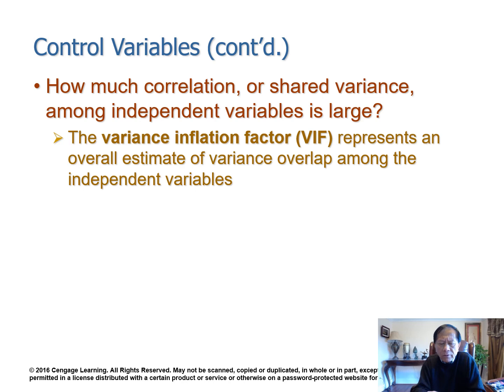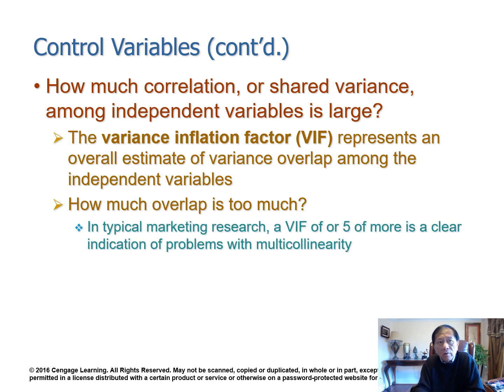The variance inflation factor, or VIF, represents an overall estimate of the variance overlap among the independent variables. How much overlap is too much? In typical marketing research, a VIF of 5 or more is a clear indication of problems with multicollinearity.